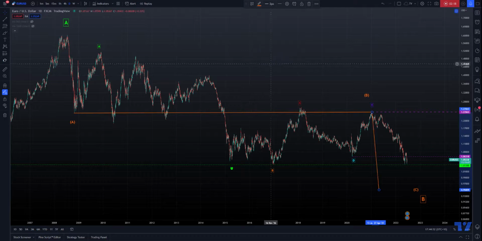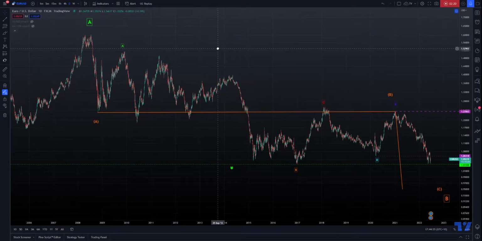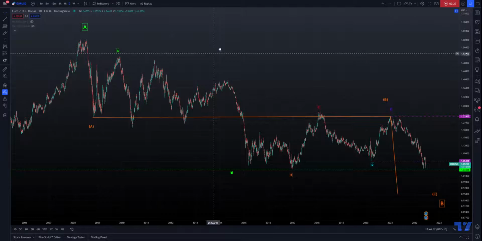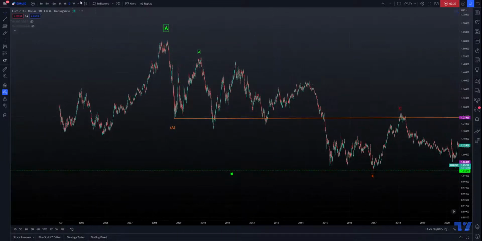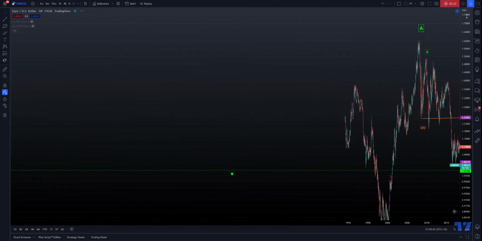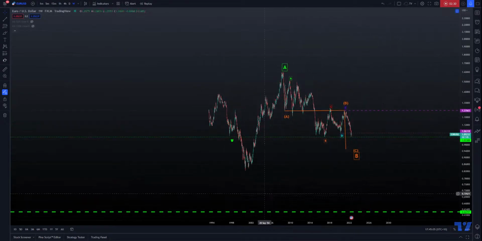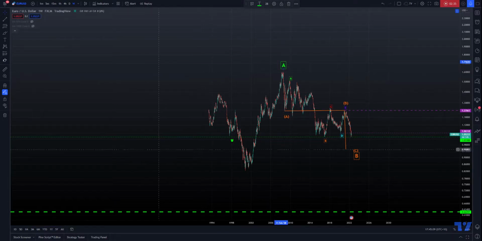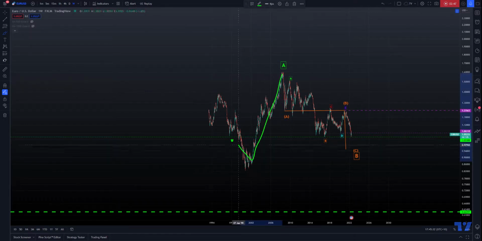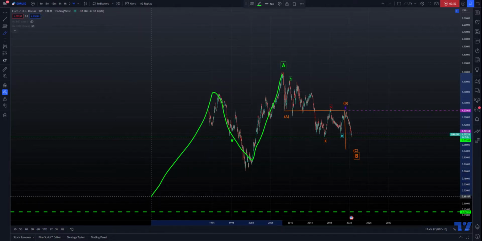So let me just give you the current count. Okay, so the current count, basically, let's go to the weekly chart for a sec. Okay, so if you have a look at other websites that give you this complete pattern, like FX Top, they give you a bit more historical data, and this to me was more than likely a zigzag since 1985.